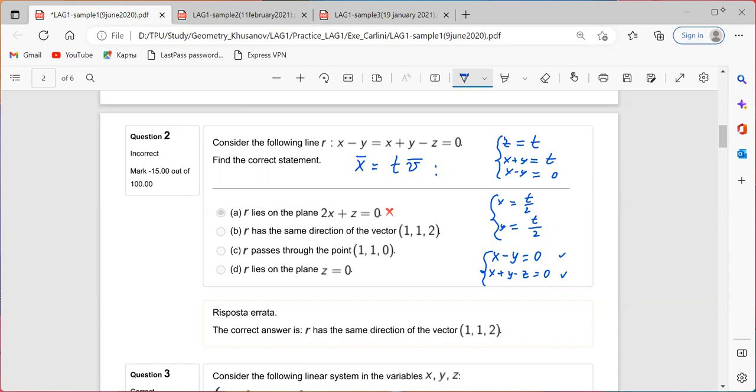But now you see the coefficients 1, minus 1, 0, and 1, 1, minus 1 are not proportional. That's why these two planes are not parallel. Any two non-parallel planes intersect along a line. That's why this system represents a line in R3.